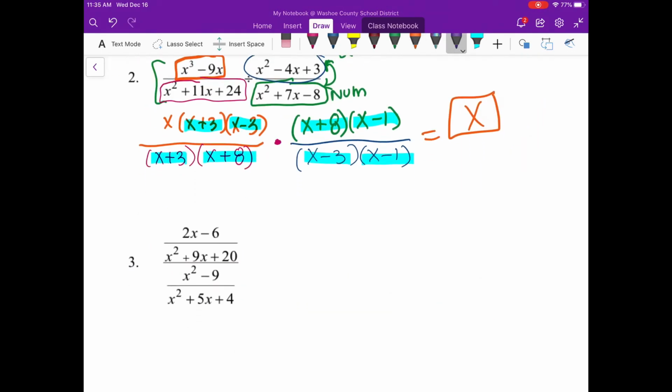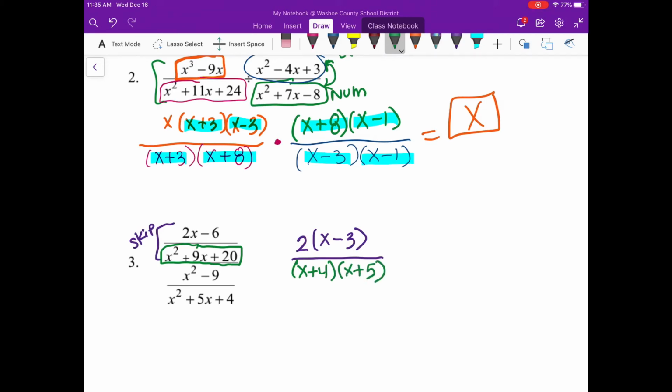All right, going on to number 3. This one looks a little different, but it's still a division problem. So we are going to skip this one, meaning we're not going to do anything except factoring it. We're not going to flip it or anything. So when I factor the numerator, I can take out a 2, leaving me with x minus 3 in the numerator. And then the denominator, what multiplies to 20 but adds up to 9? That's positive 4 and positive 5.